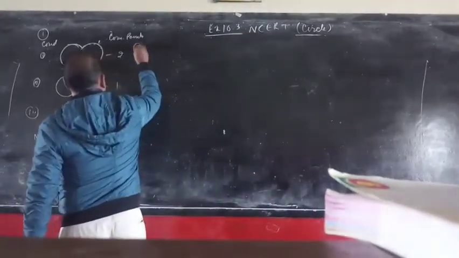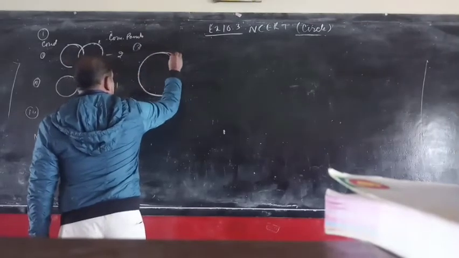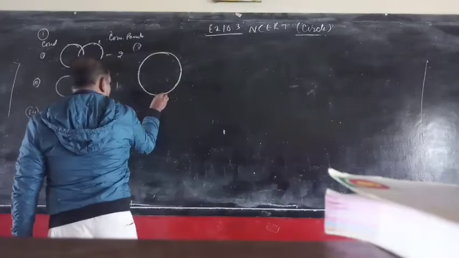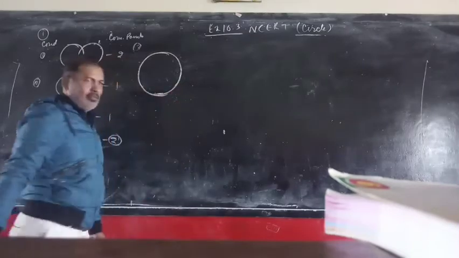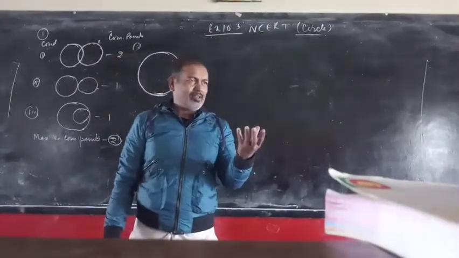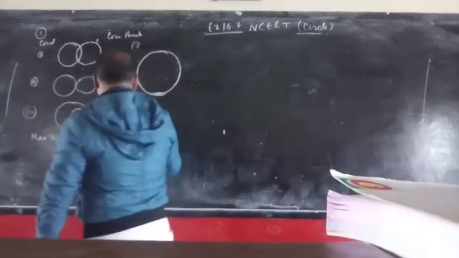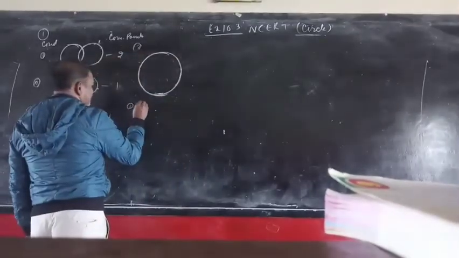Question number 2. Here I have drawn a circle with the help of a circular lamina. This circular lamina may be a bangle, maybe the lid of your lunch box or anything.